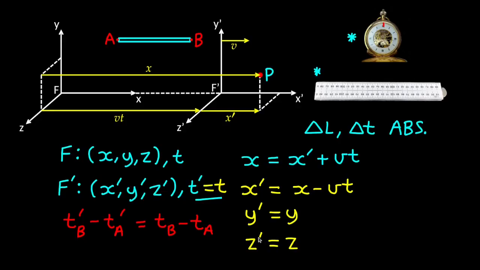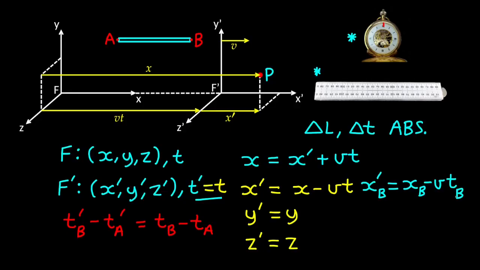As an example, suppose we want to measure the length of this rod. Using the Galilean transformations, we measure the location of event B in the primed frame, and we have the location of event B measured from the unprimed frame minus the velocity of the primed observer multiplied by the time at which B was located.